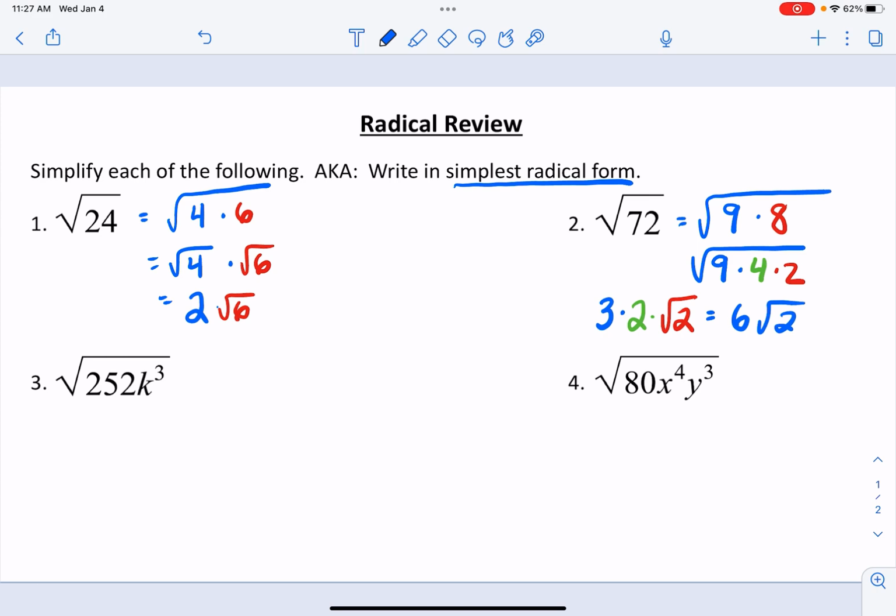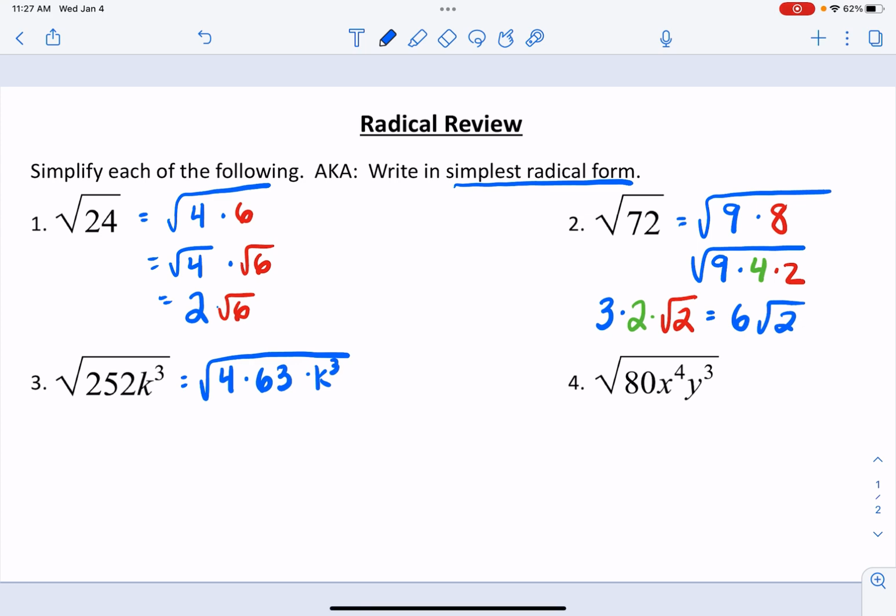Okay, now with some variables underneath there. 252. If I see an even number, what I always do is I try and simplify that into 4 times a number. 4 goes in 63 times. And I'm going to worry about this k cubed in a minute.